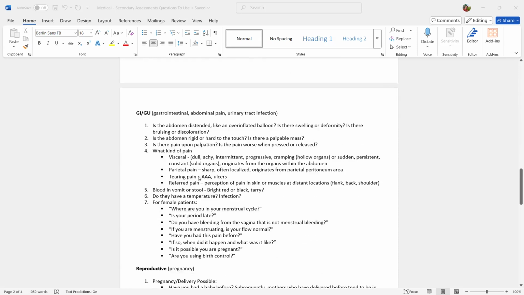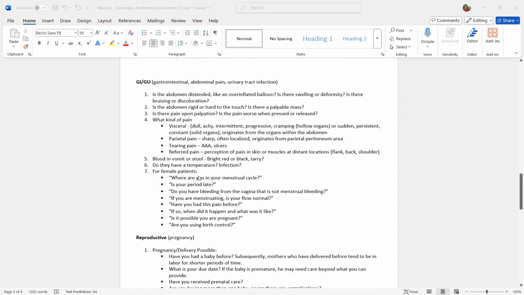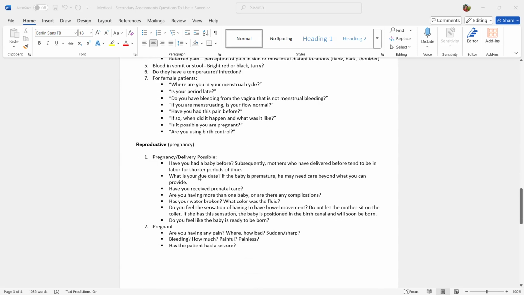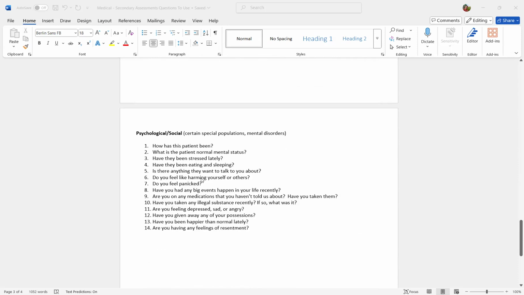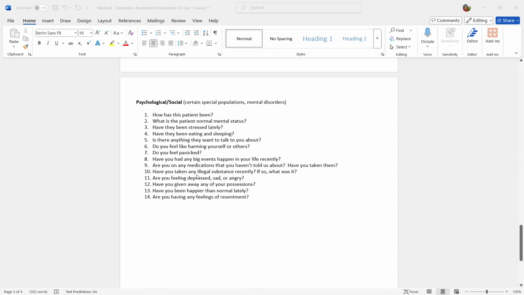We have our GI/GU, gastrointestinal, abdominal pain, urinary tract infections. Those would be examples of that. We have reproductive, pregnancy. And then we have psychosocial, so certain special populations, mental disorders, suicidal ideation, stuff like that. So those are just breaking down each of the categories in the skill sheet that I showed you guys.